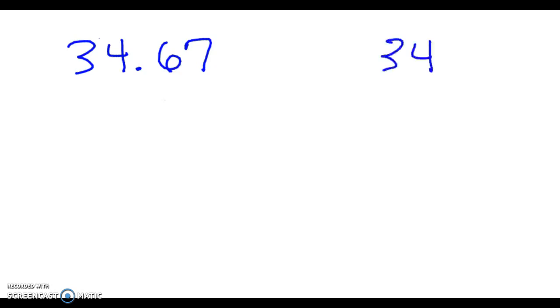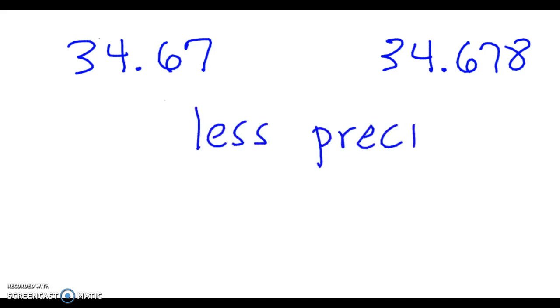A final example, if we look at the number 34 and 67 hundredths and compare it to 34 and 678 thousandths, we would say that 34.67 is less precise than the number we're comparing it to.